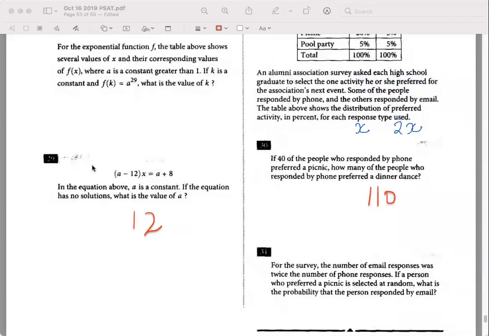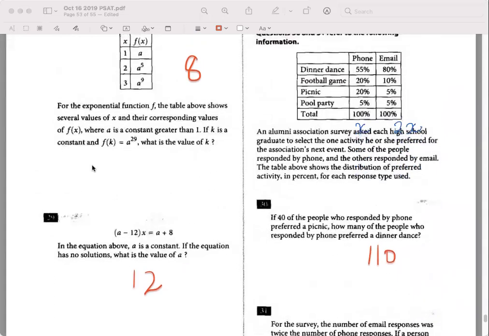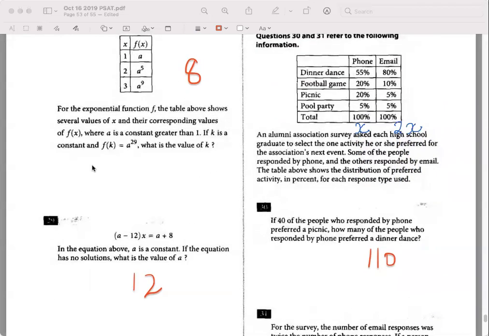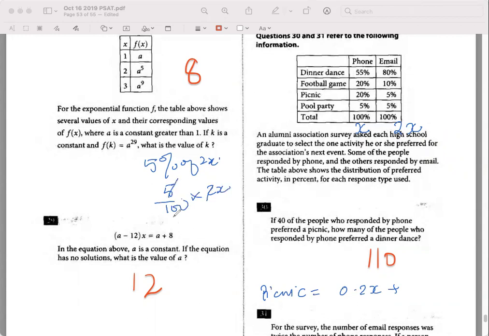Then picnic preference would be 20% of X, so that's 0.2X, plus 5% of 2X, which is 5 by 100 into 2X, which is 0.1X. So 0.3X is the total number of people who prefer a picnic, right?